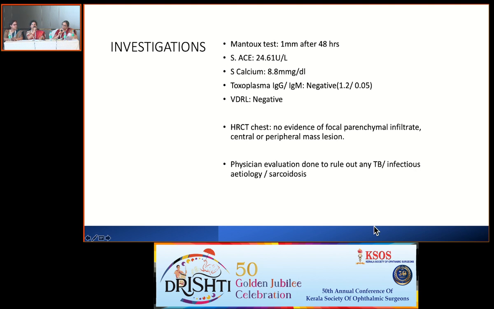Yeah, immediately after the injection, she showed a good response and her vision was improving, and all the infectious evaluation was negative. So even in this so-called tuberculous serpiginous choroiditis, many of these patients, in spite of ATT and oral steroids, continue to have active inflammation, and you need to give them immunosuppression. That's what I think is happening here.